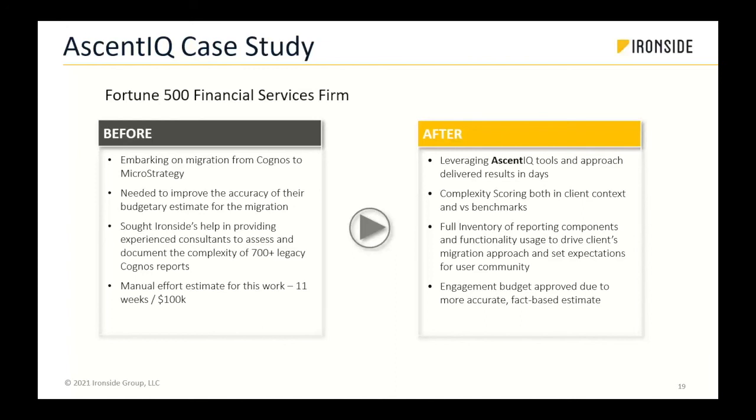They got a full inventory of reporting components and functionality usage, so they could architect their approach to the migration and set expectations for the user community. And lastly, their engagement budget was approved due to a more accurate, fact-based estimate.